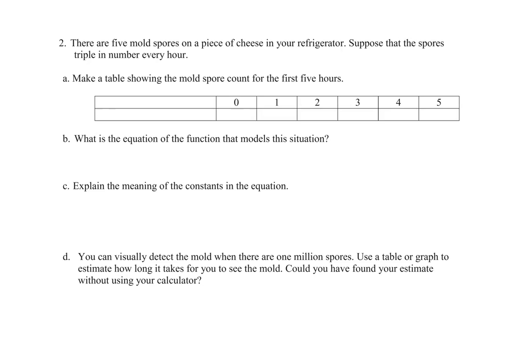Next, problem number 2. There are 5 mold spores on a piece of cheese in your refrigerator. Suppose that the spores triple in number every hour. We're going to make a table showing the mold spore count for the first 5 hours, so you have here 0, 1, 2, 3, 4, and 5.